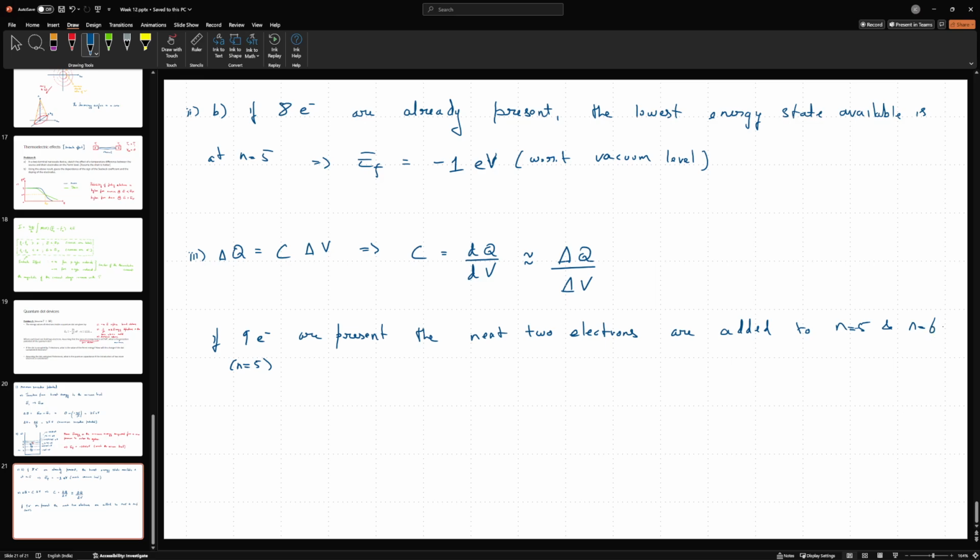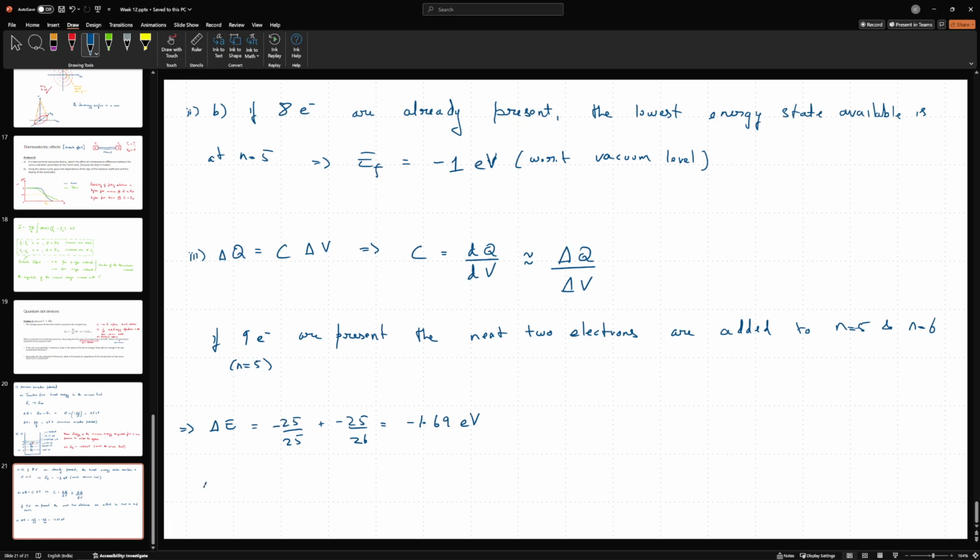So the next goes to n equal to 6. This implies delta E, the change in the energy, is 25 upon 25 minus 25 upon 26, which corresponds to 1 minus 0.96 electron volts. So this is the change in the energy.